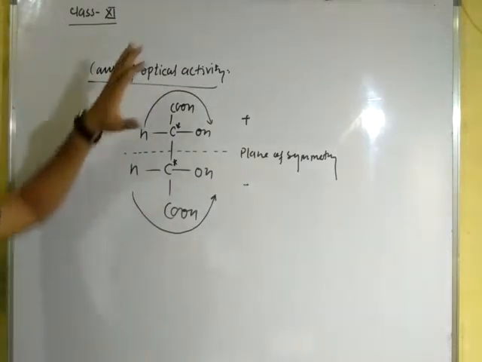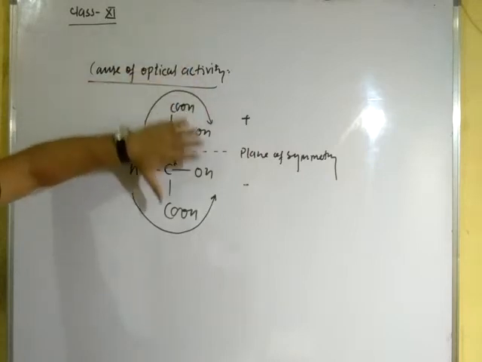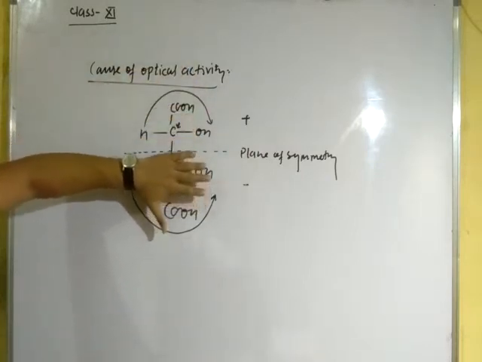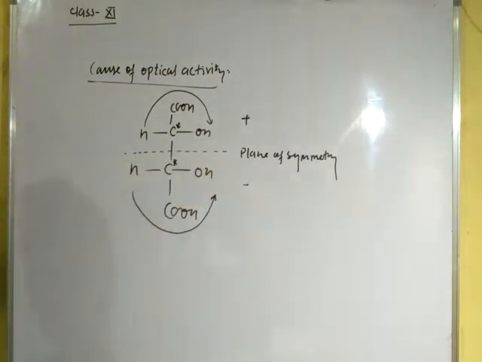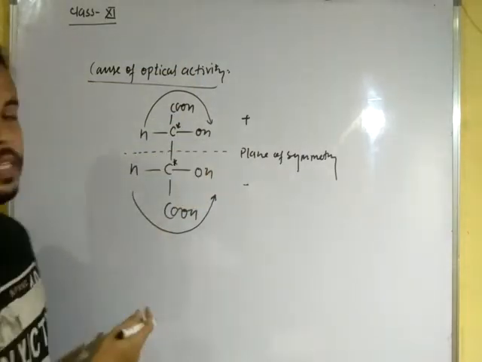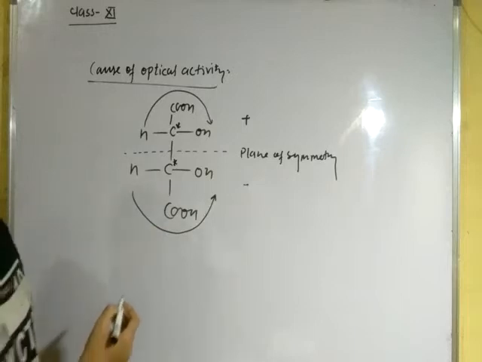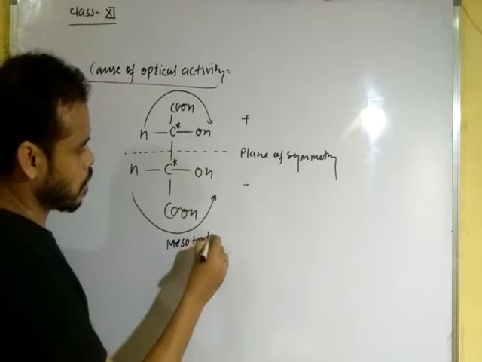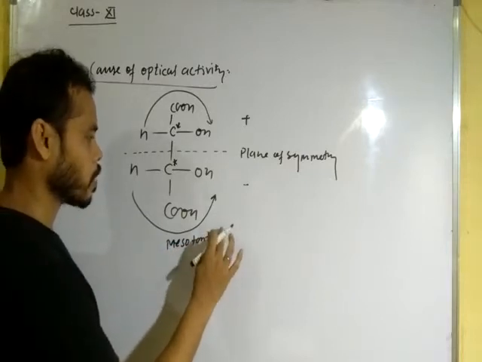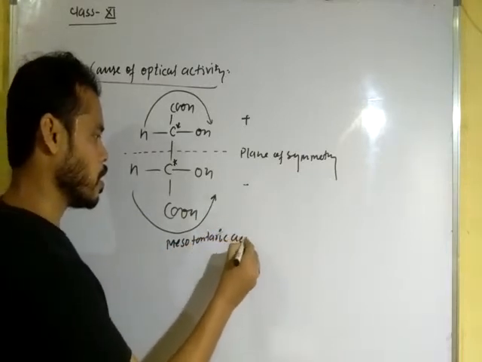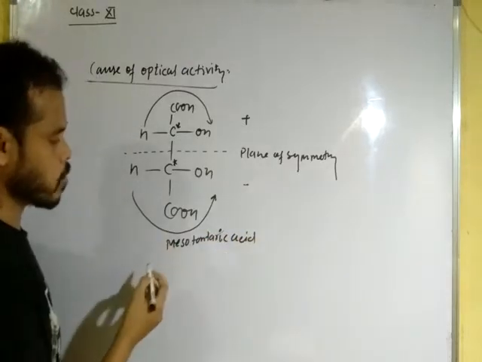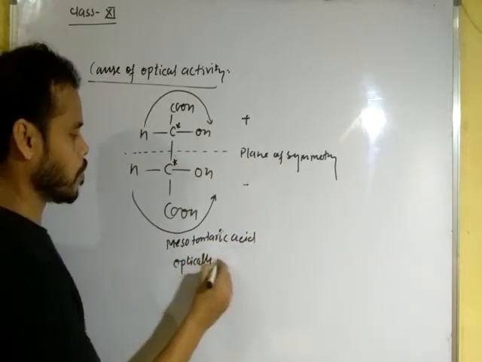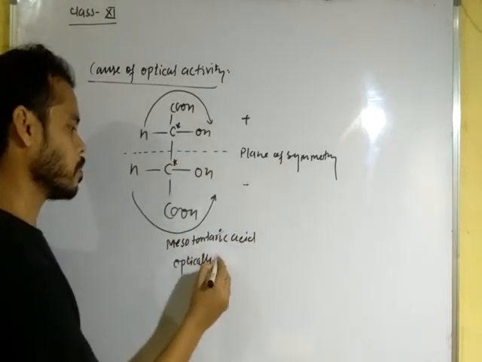That means half of the compound is superimposable on the second part. This is why it is optically inactive. It is called mesotartaric acid. Okay, dear student, mesotartaric acid is optically inactive.